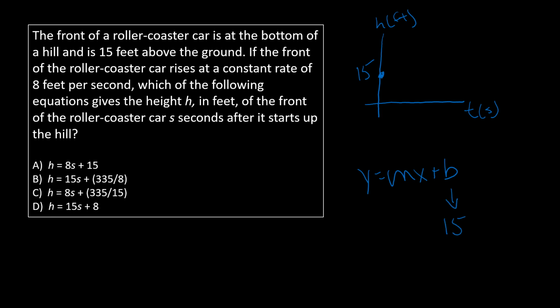That's my y-intercept. And now we're going to increase 8 feet per second, making my slope 8. So I'm going to say 8 times x. My x values are seconds, so 8s. And my y value is h, or feet. So h equals 8s plus 15. It's going to give me answer choice A.